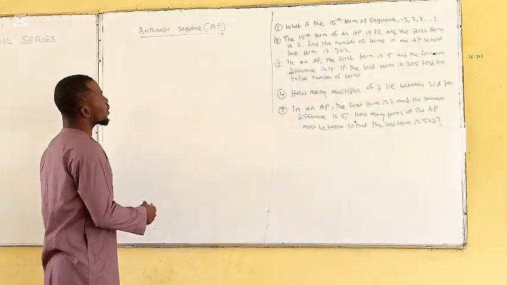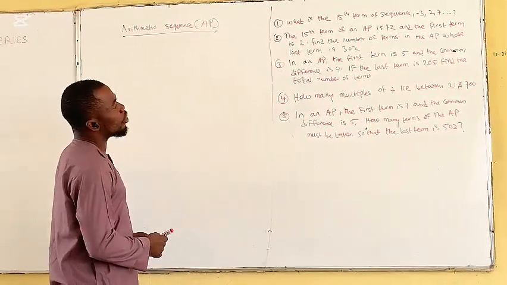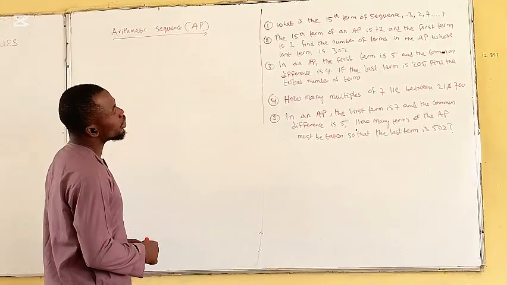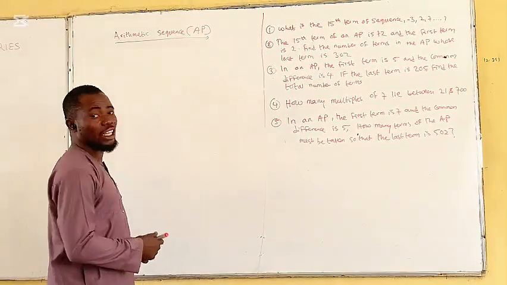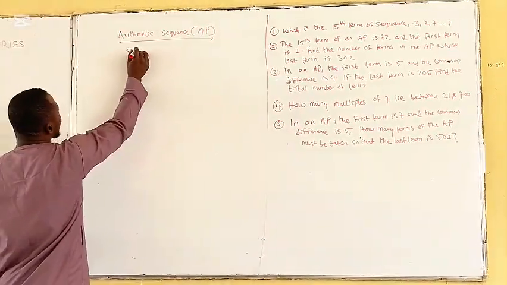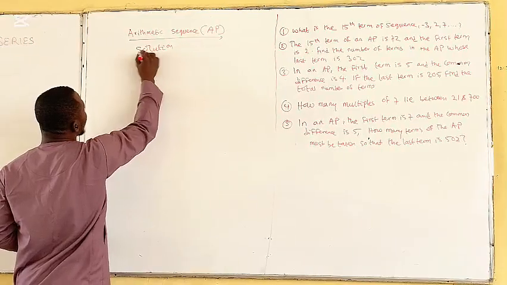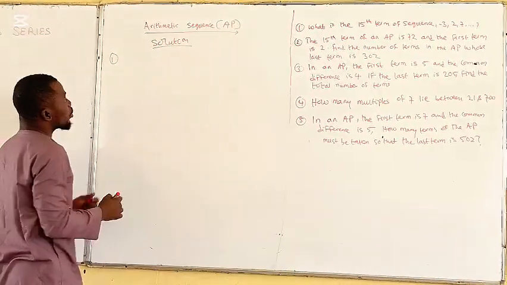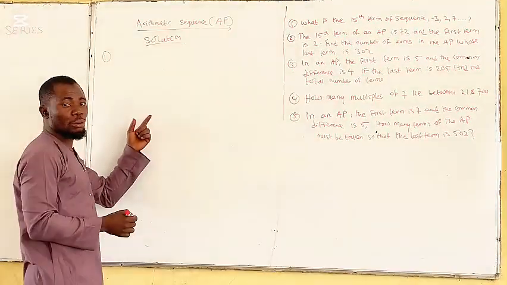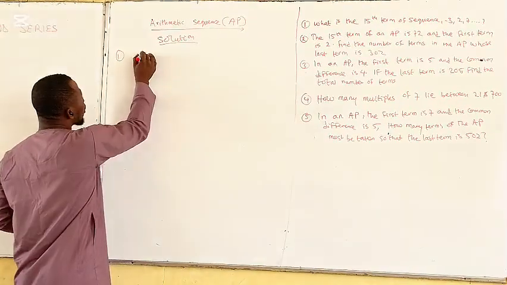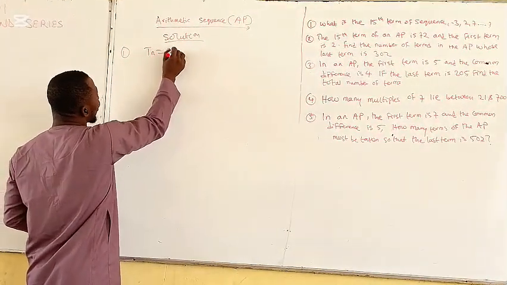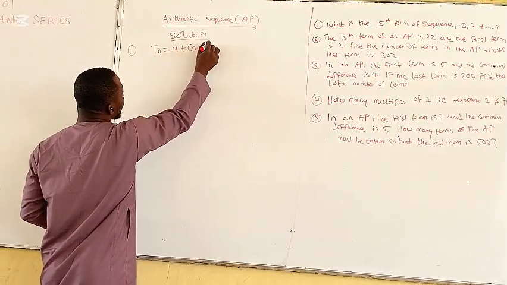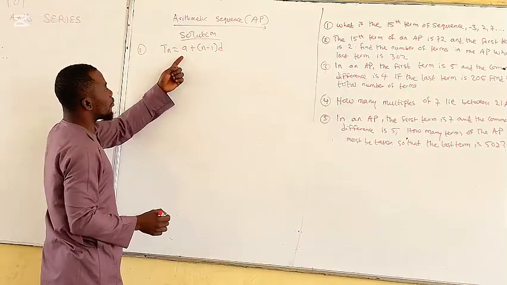So the first question says: what is the fifth term of the sequence minus 3, 2, and 7? So question 1, solution. We say that the nth term in an AP can be calculated using Tn equals a plus n minus 1 d, where a is our first term.